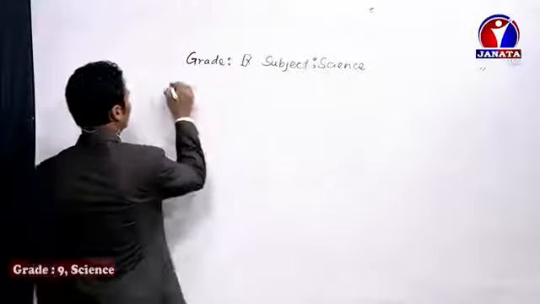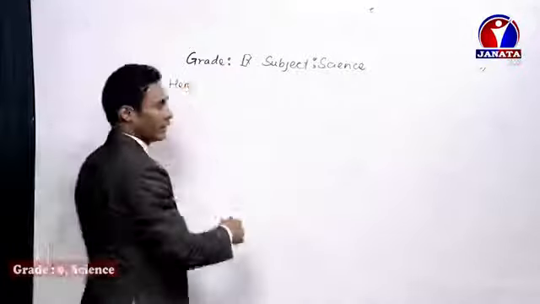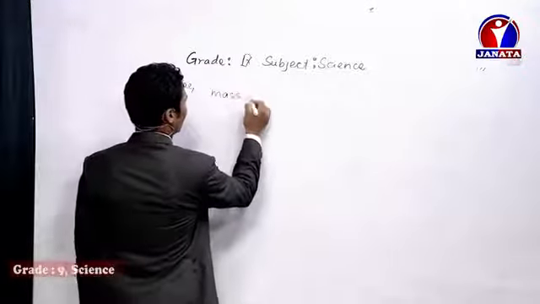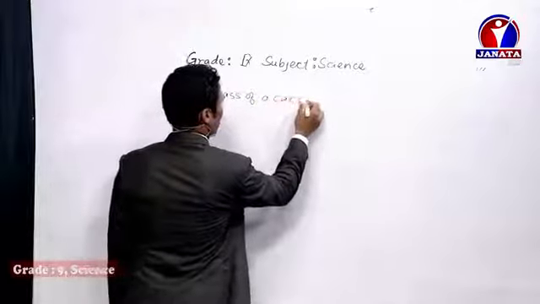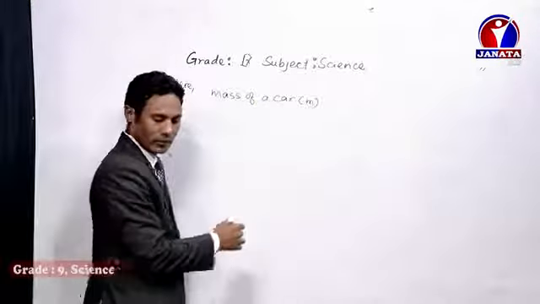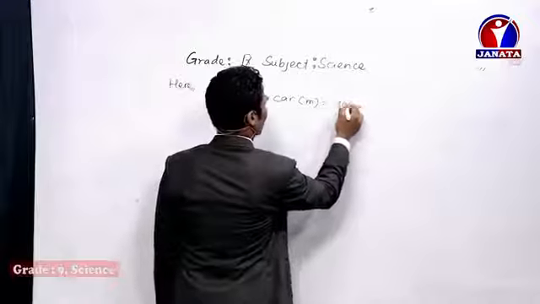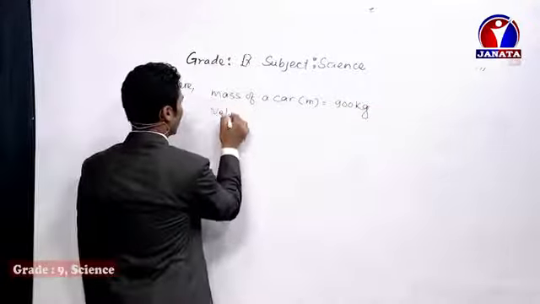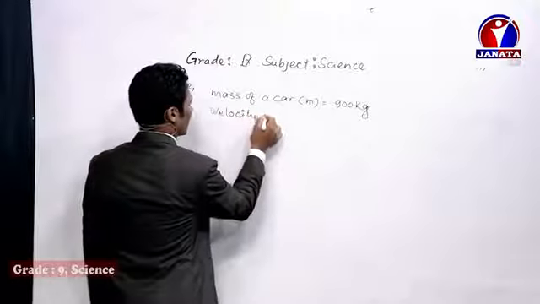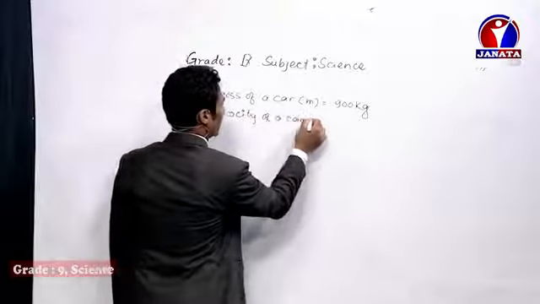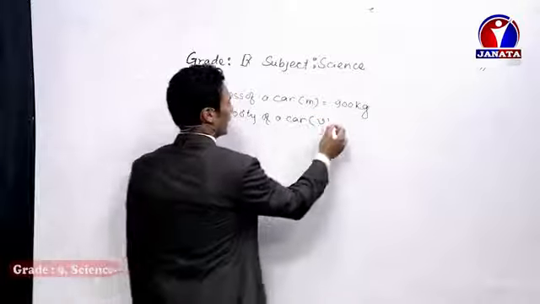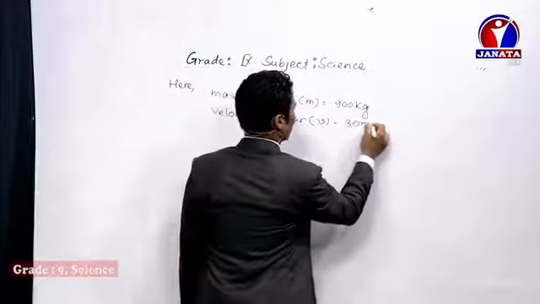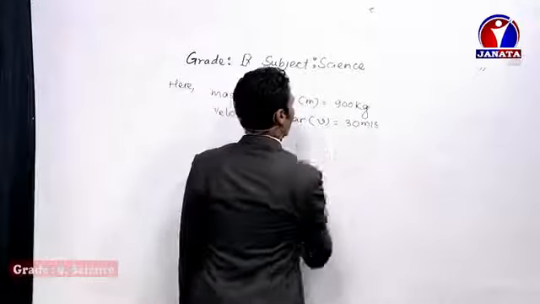What is given here? The mass of a car, symbol small m, is given 900 kg. Similarly, velocity of a car, symbol v, is given as 30 meter per second, right?